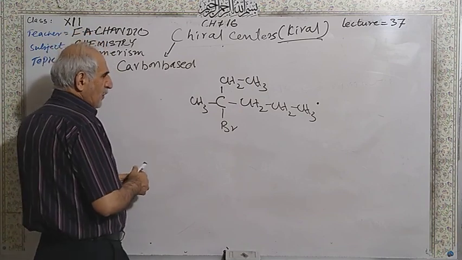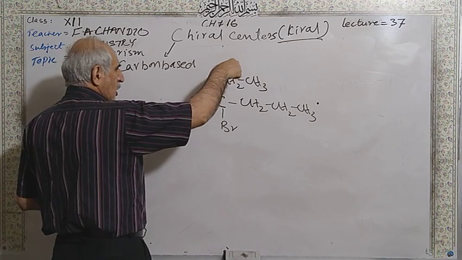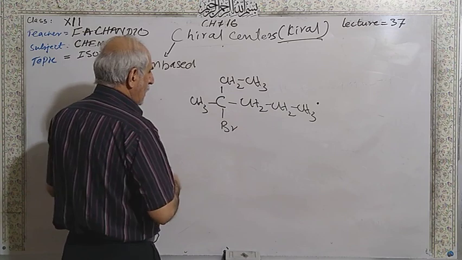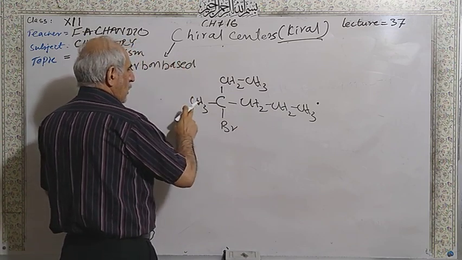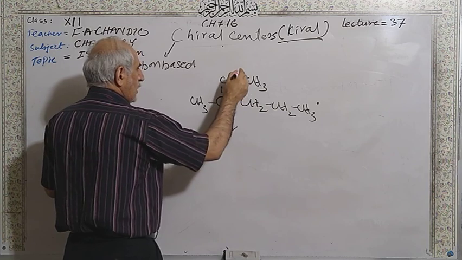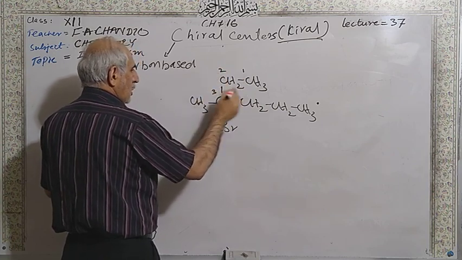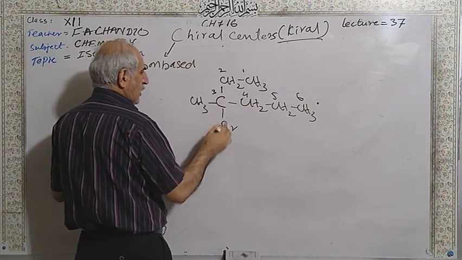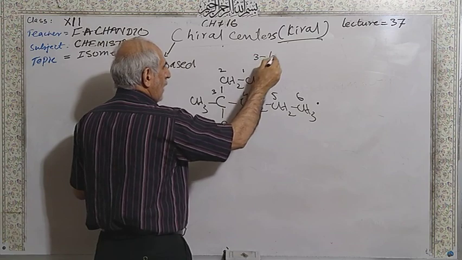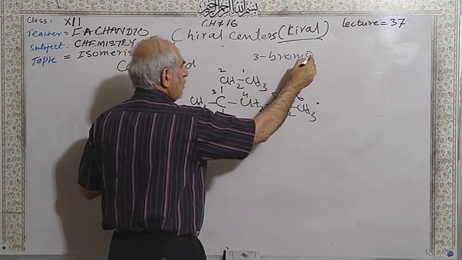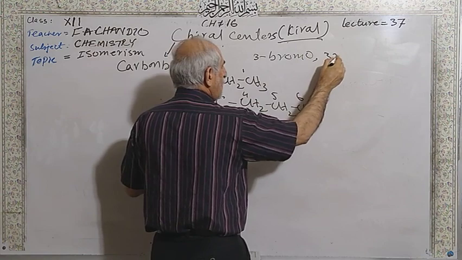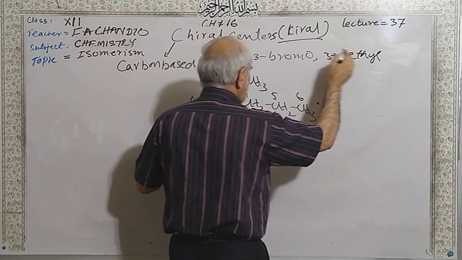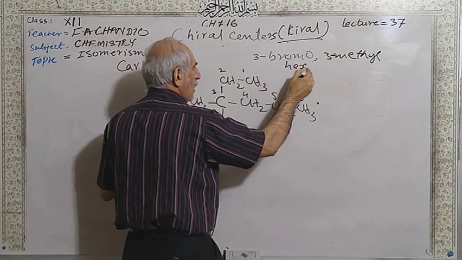And if you want to give the name of this compound, select the longest carbon chain: 1, 2, 3, 4, 5, 6 carbon. So the name of this compound is 3-bromo, 3-methyl hexane, alphabetical order.